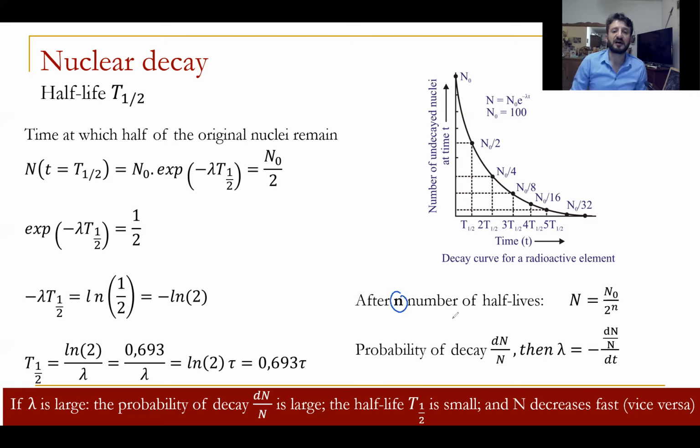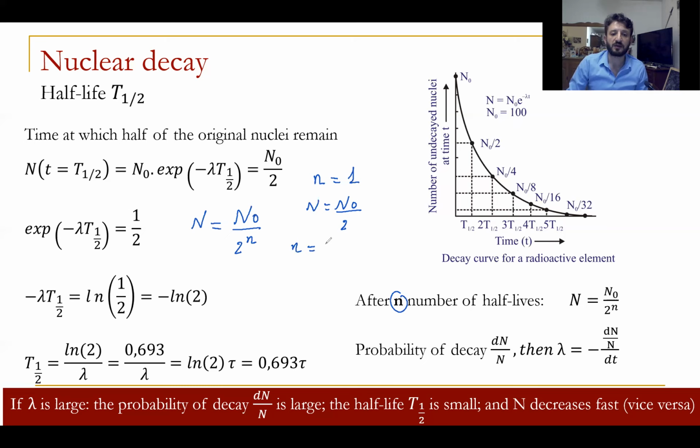n is the number of half-lives. How many half-lives are used? We can write the relation N equals N0 divided by 2 power n. So for one half-life, N equals N0 divided by 2 power 1, so we have N0 divided by 2.